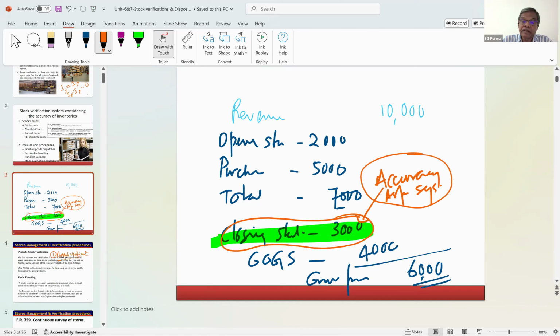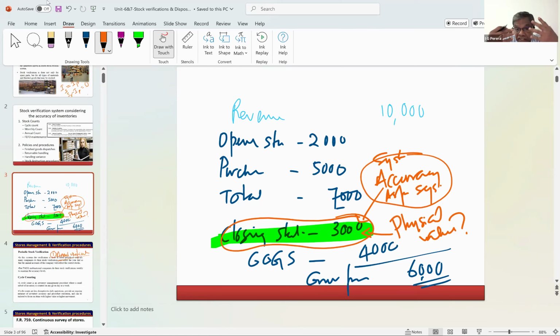Or if you take a physical stock and value the stocks, so this is the system, what is the physical value? When you calculated the physical value after taking a physical stock, is it tallying with the system value? Is it more? Is it less? What kind of variation?